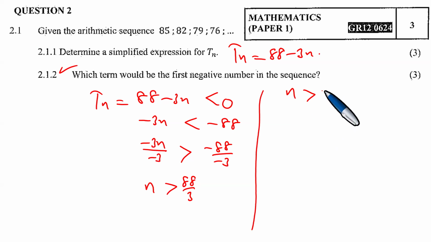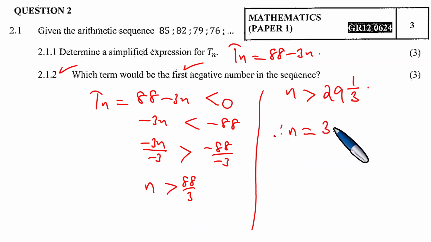We get 29 remainder 1, so 29 and 1/3. Because n must be strictly bigger than this, and we're looking for the first one, n equals 30. The immediate integer bigger than 29 and 1/3 is 30.